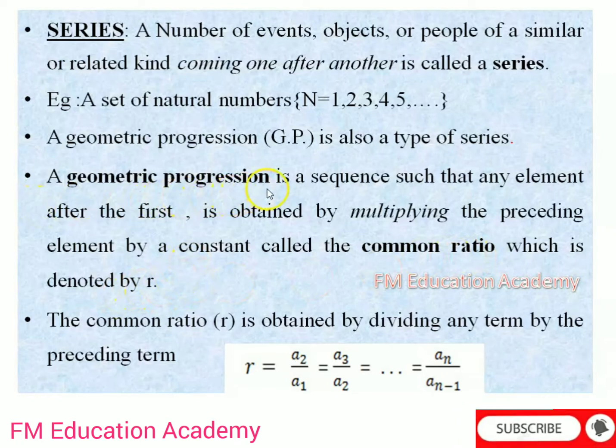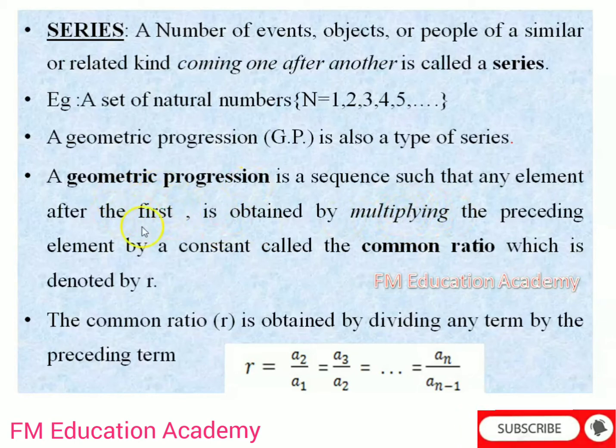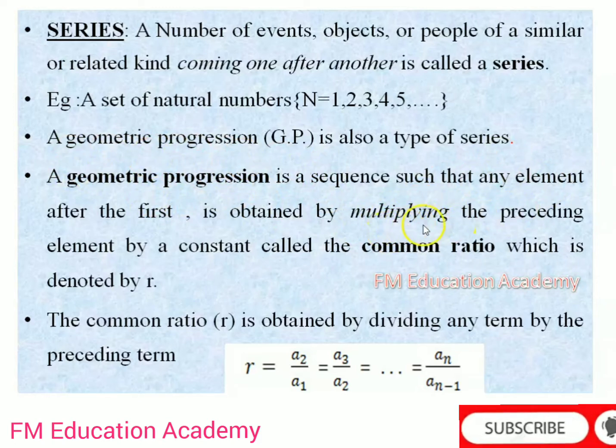In case of arithmetic progression, we added a constant term to get a series. Here in case of geometric progression, we multiply by a constant after the first term. The first term is always a. After the first term, when we multiply by a constant to get the second term, third term, fourth term, fifth term and so on, that is called a geometric progression. So remember, in geometric progression it is multiplication.